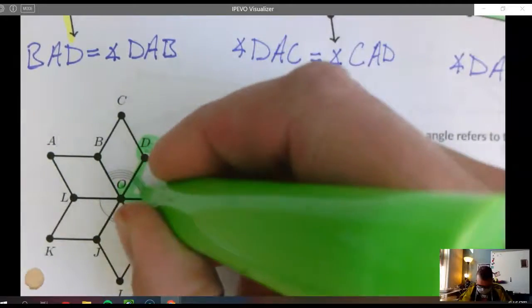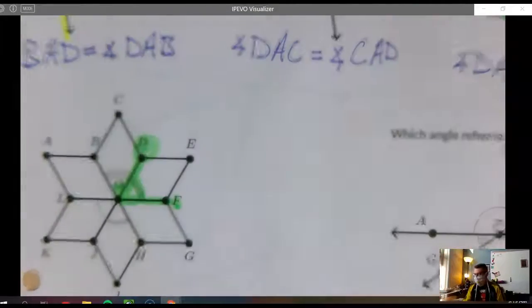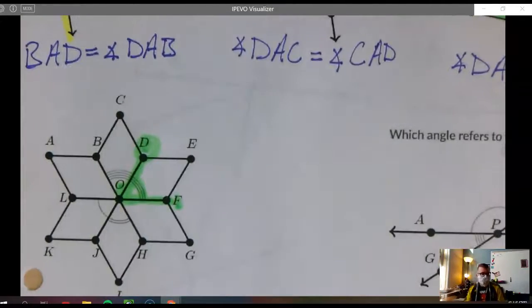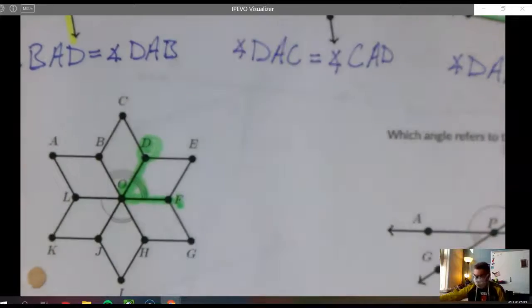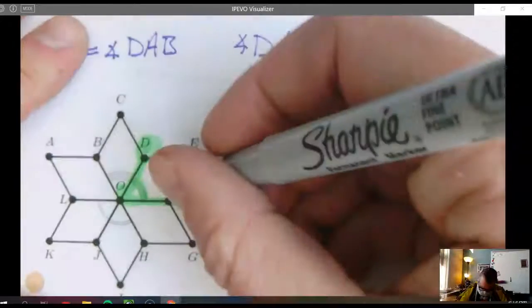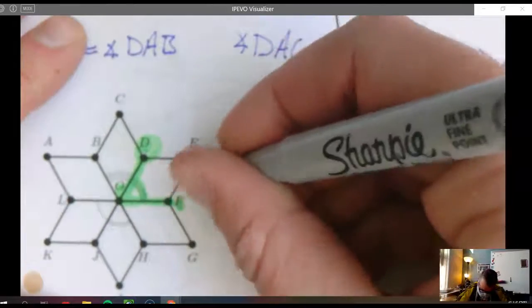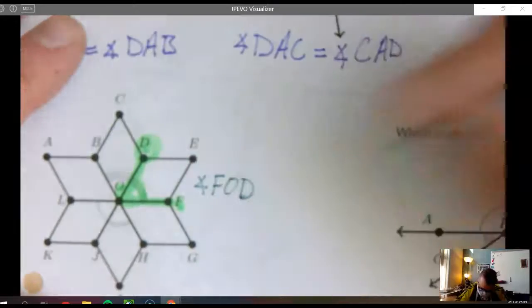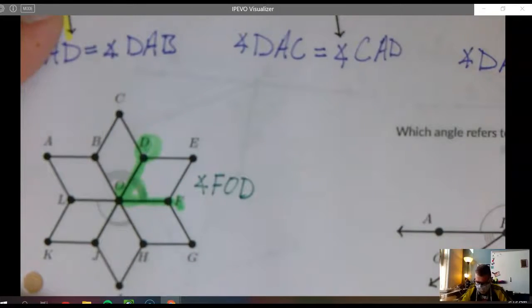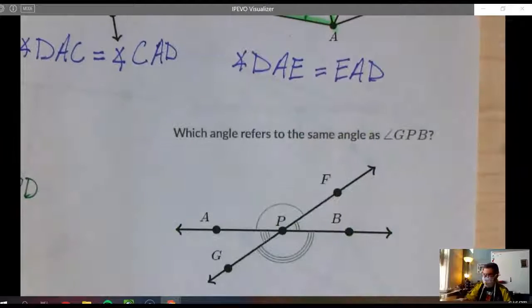DOF would be right here. What's another way that we can name it? FOD. So we could also name it FOD. Over here, this is actually going to start to lead us towards an interesting relationship that we'll talk more about on, I forget if it's the back of this paper or the next paper.